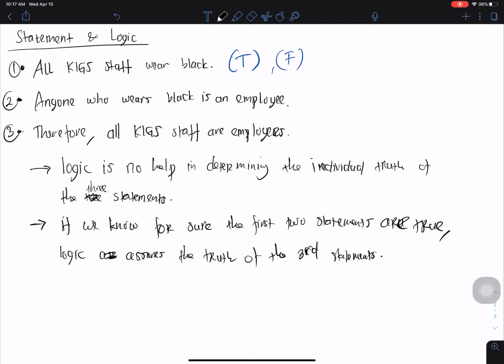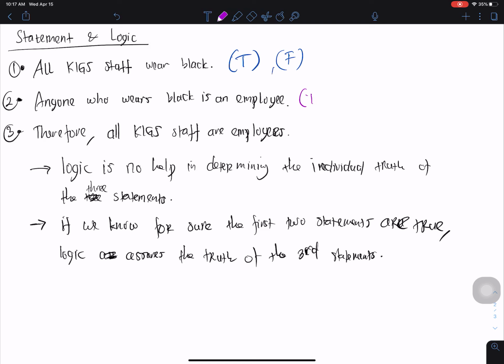So the first one, as mentioned earlier, we cannot say whether it is true or false because we need to get the facts first. Also, the second one, anyone who wears black is an employee.